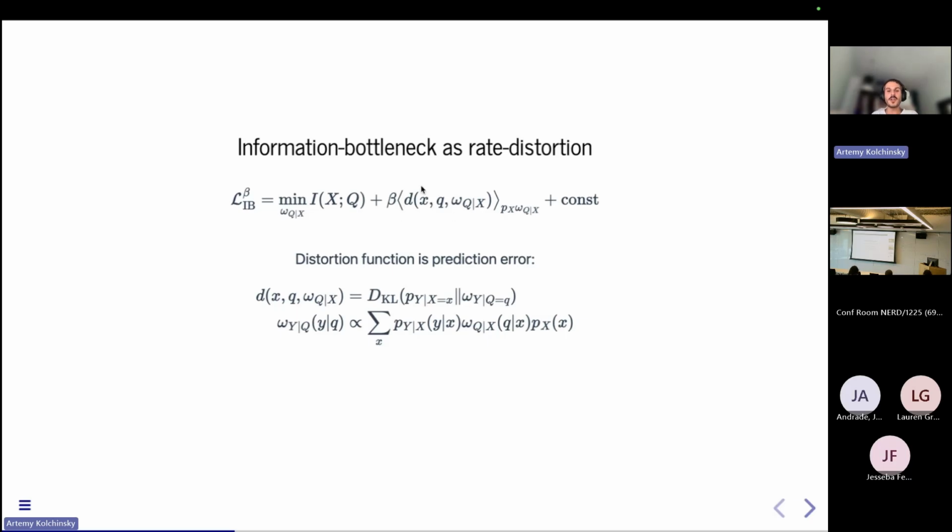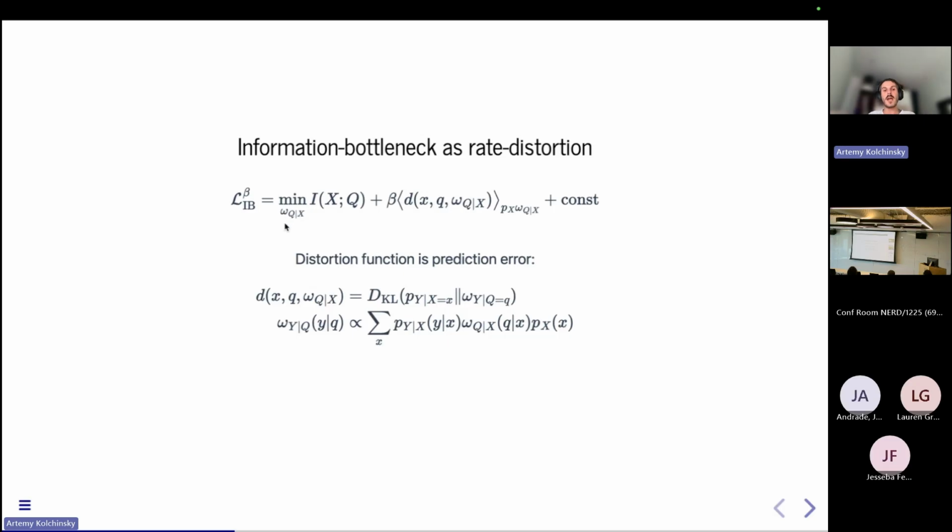So the distortion function that corresponds to the information bottleneck is basically the Kullback-Leibler divergence between the predictions of Y given the true input X, and the predictions of Y given the compressed variable Q, where importantly, this decoding map itself depends on the encoding map.